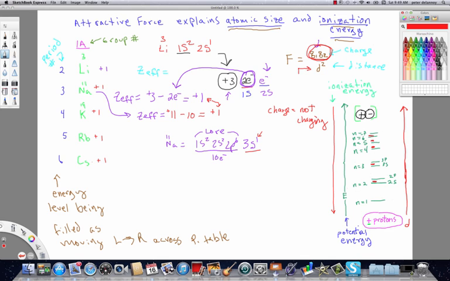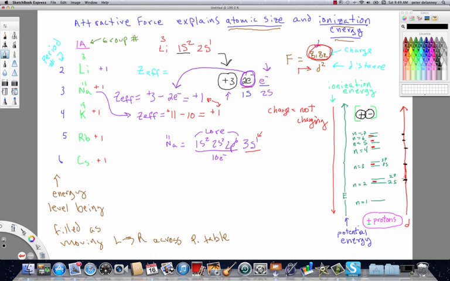Look what's happened to my distance as we go here. Here's lithium. Here's sodium. Here's potassium. Here's rubidium. And here's cesium. As we move down any group in the periodic table, its outermost electrons are shifting into higher energy levels.